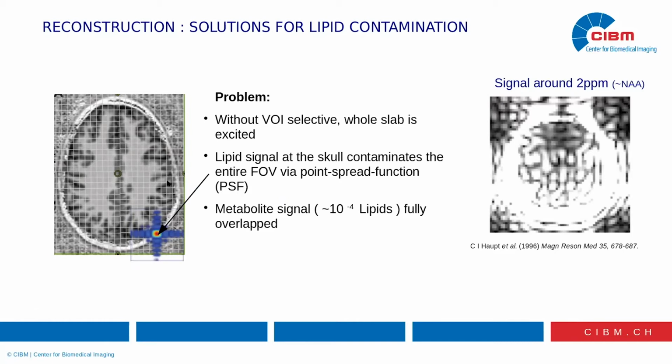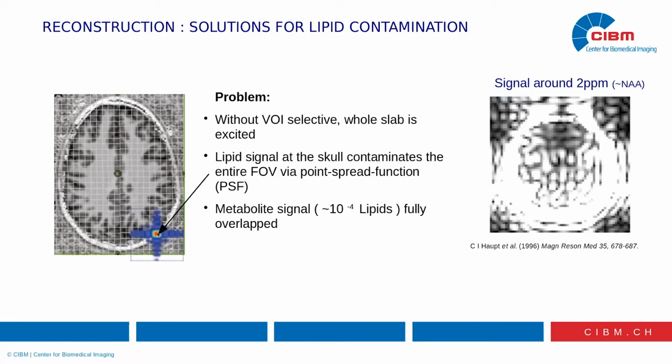The typical point spread function of a phase encoding that we reconstruct with an inverse Fourier transform would be a sinc function. And this sinc function, of course, has highest intensity at the location of the lipids by the skull, but will leak in the direction of the brain with side lobes that are maybe in the order of 10 or 5% the intensity of the original location.